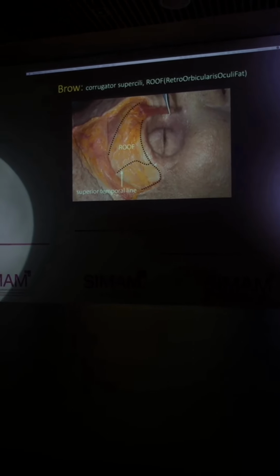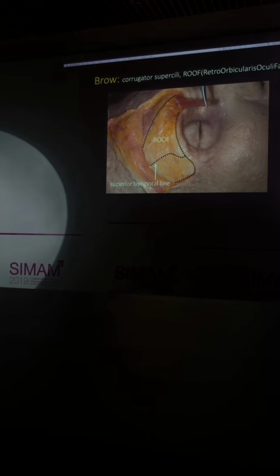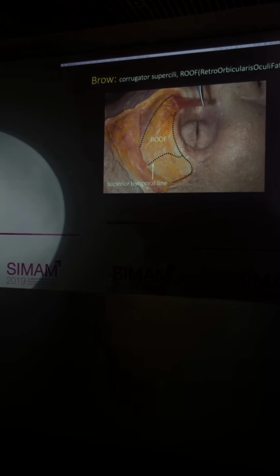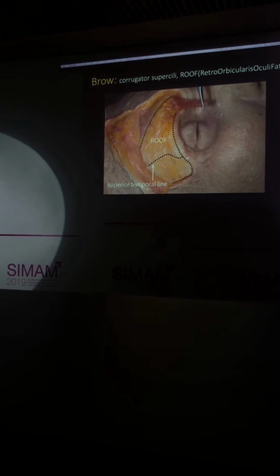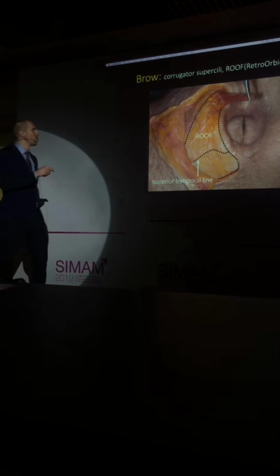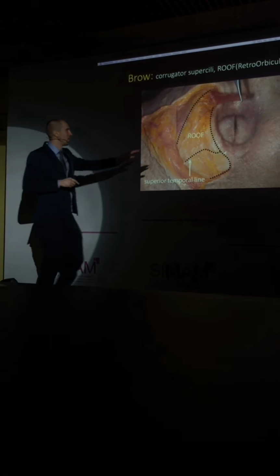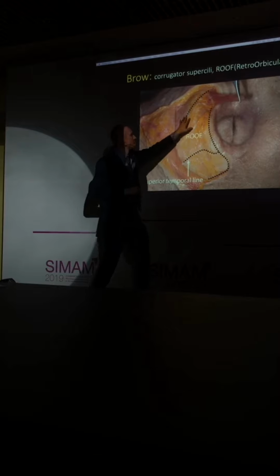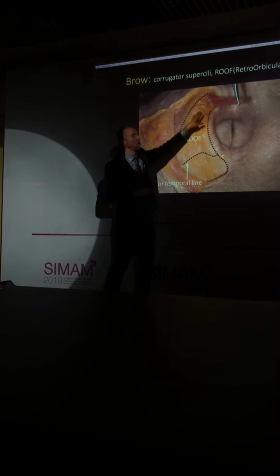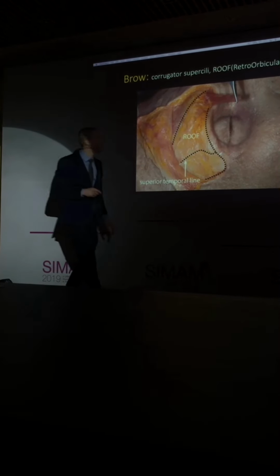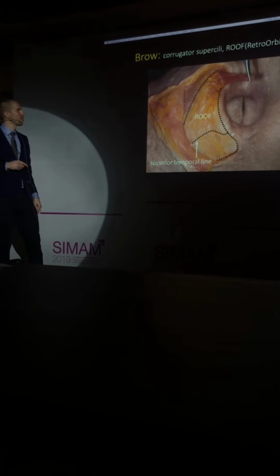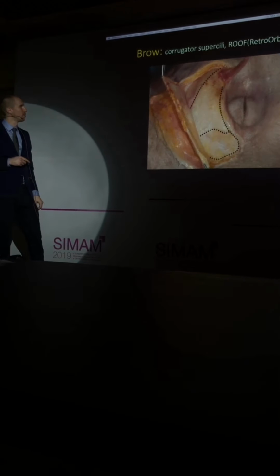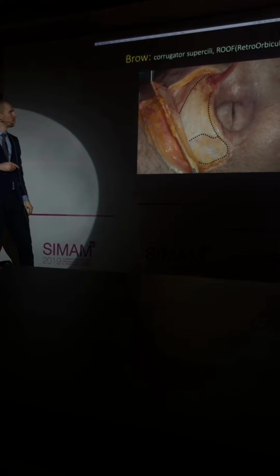This also shows very well how the ROOF fat fills the space around the corrugator muscle.